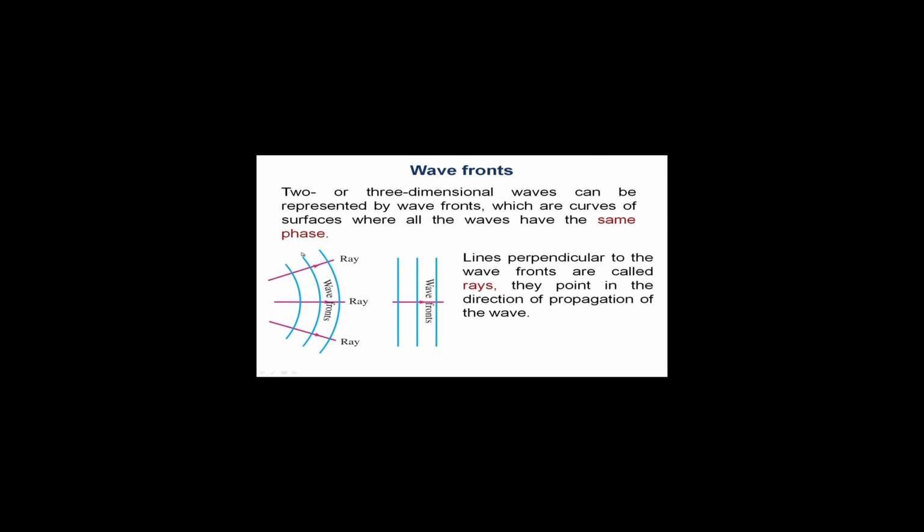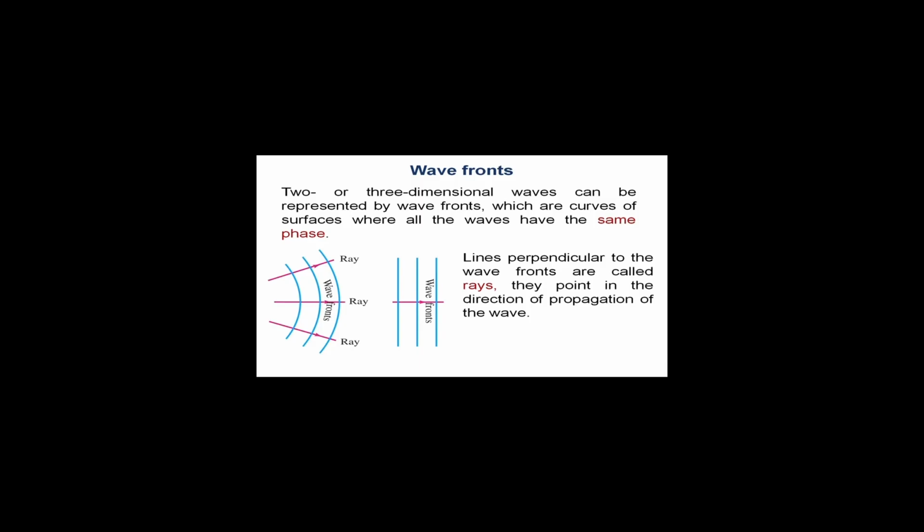Along each line the wave has the same phase, and a line perpendicular to the wave front is called a ray. As per the figure, the magenta line perpendicular to the wave front is called a ray. The ray direction is the direction of propagation of the wave.